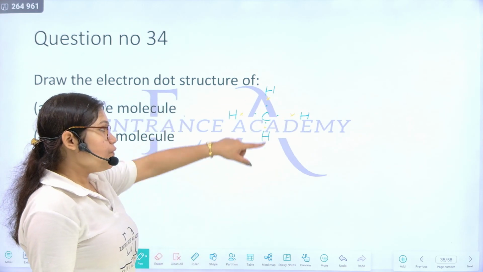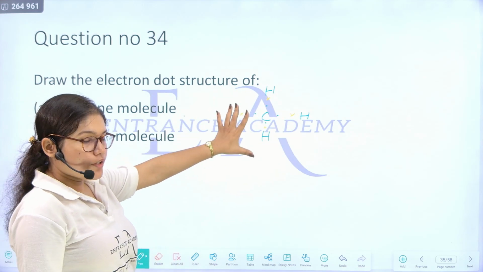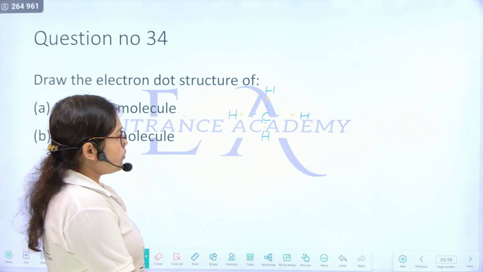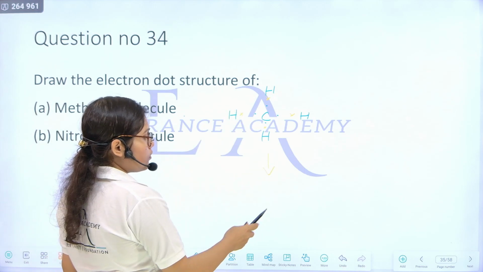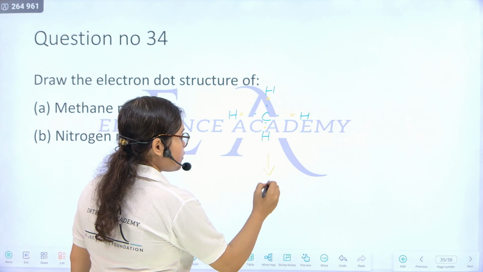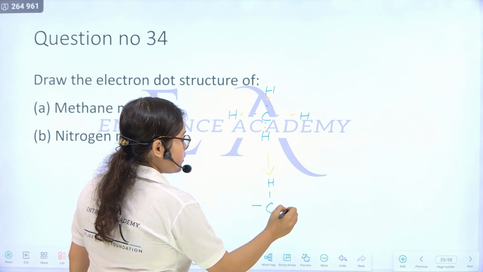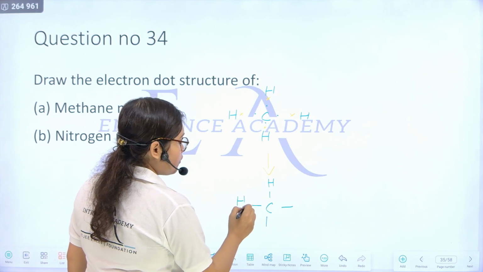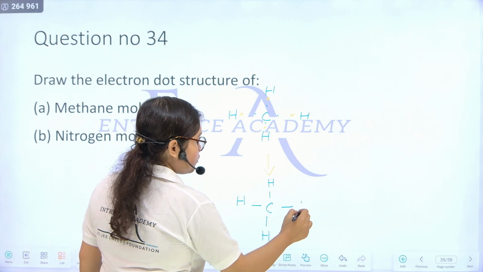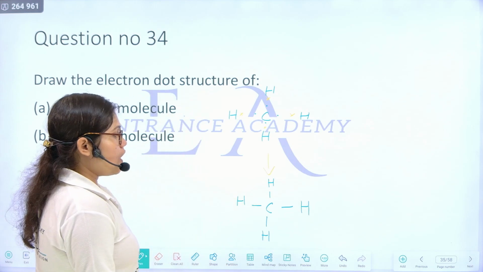This is before combination. The electron dot diagram is like this. After combination, the structure is this. This is the electron dot diagram of methane molecule. How to combine?